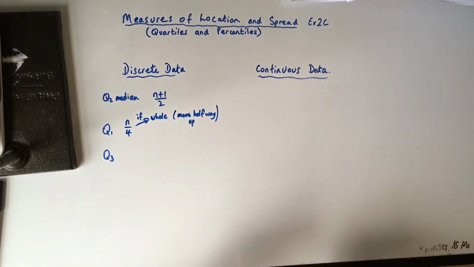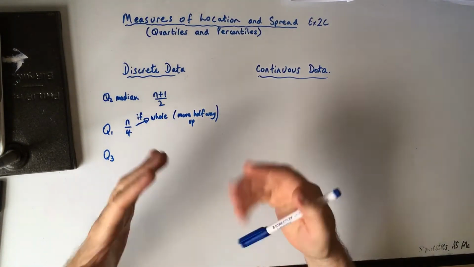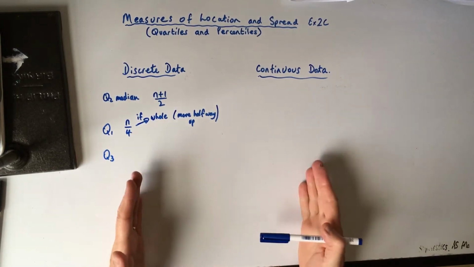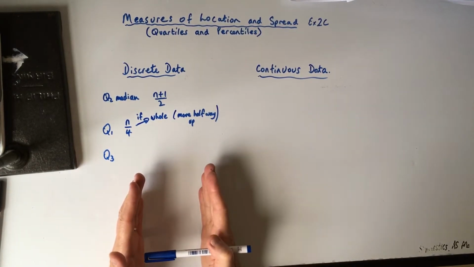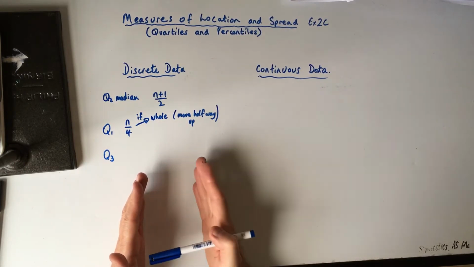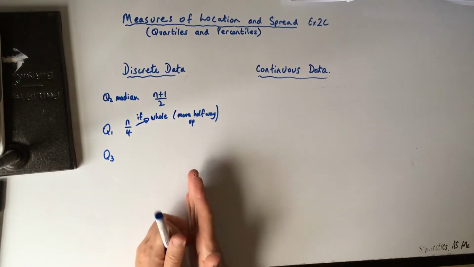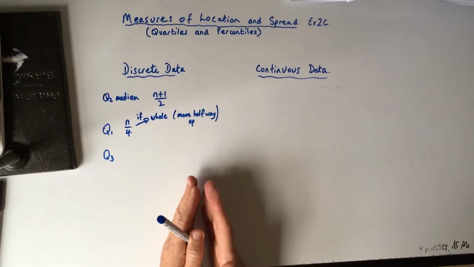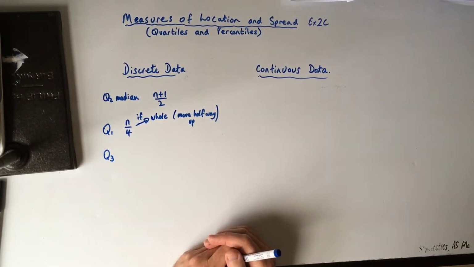And what that means is, if you had 16 in your sample, you divide it by 4, 16 divided by 4 would be 4, and then you move half, so you find the 4.5 bit of data, so halfway between the 4th and the 5th, and that would be your lower quartile.